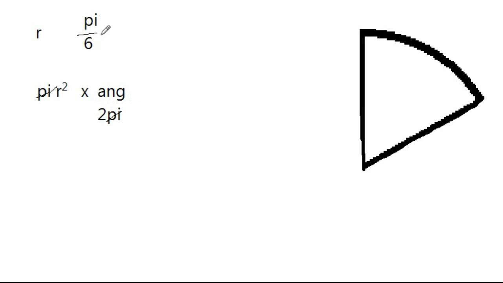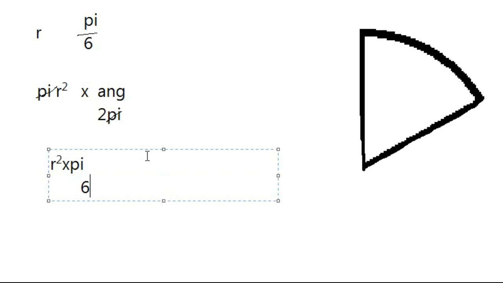The problem is, most of the time, the angle unit is in terms of pi, which makes it less ideal. So it's actually r squared times pi over 6 times 2 divided by 2, that is. And so it is pi r squared over 12.